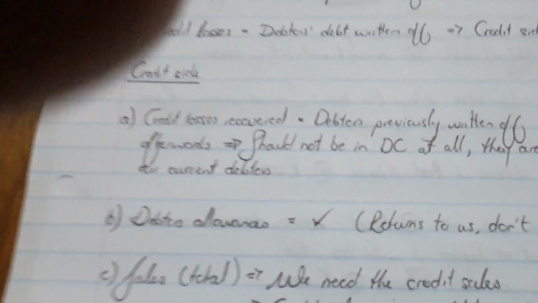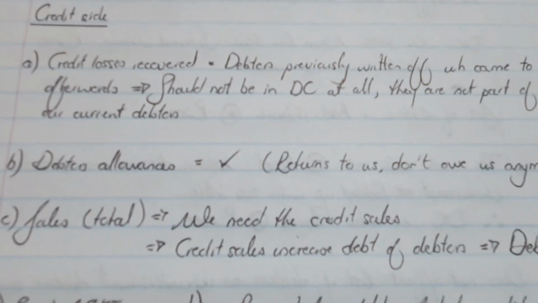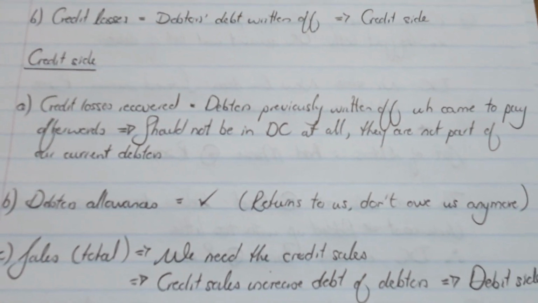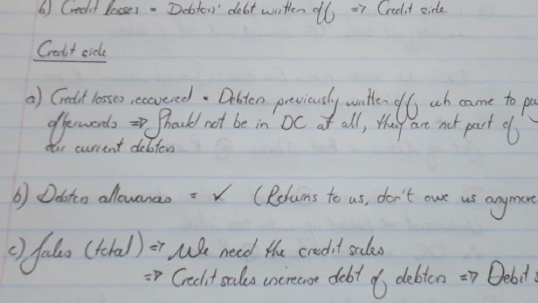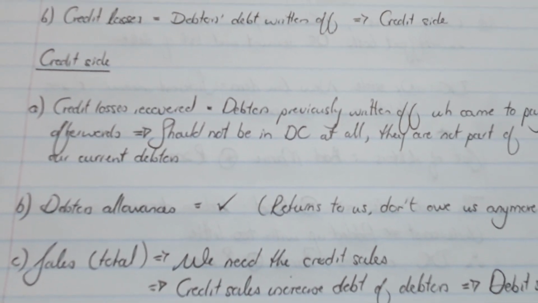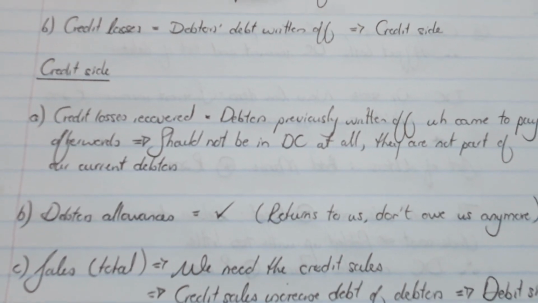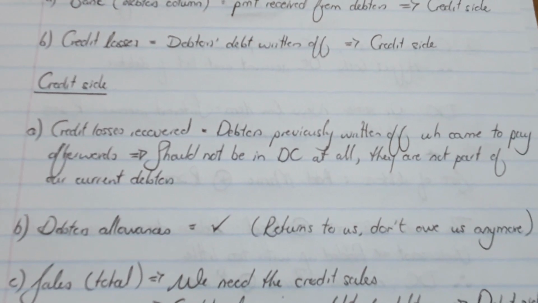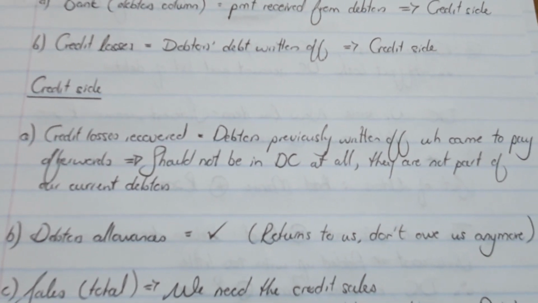When we look at the credit side of the account, we first see that there's an item credit losses recovered. Now we need to remember that credit losses recovered are basically debtors who were previously written off, came to pay us a couple of months or even years later. They are currently not debtors in our books.